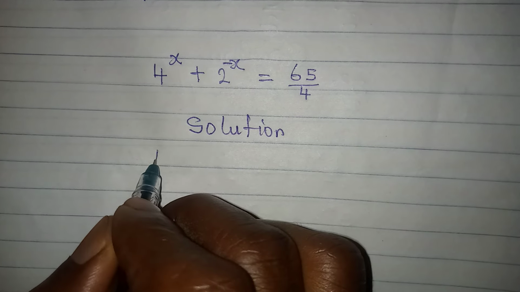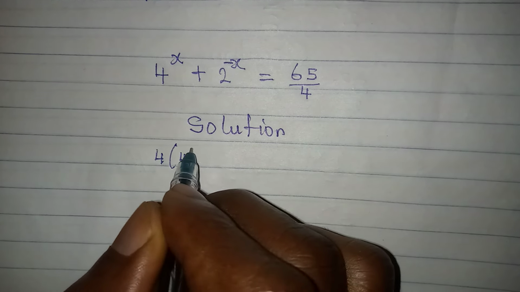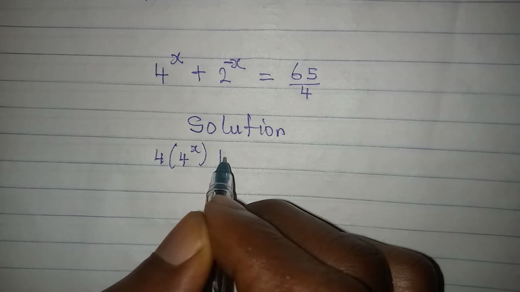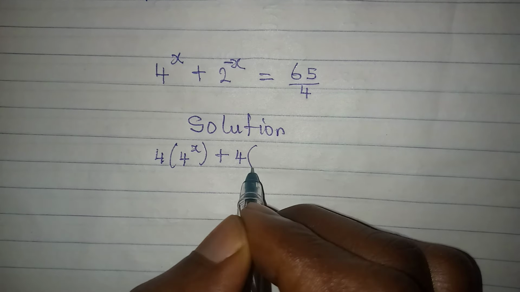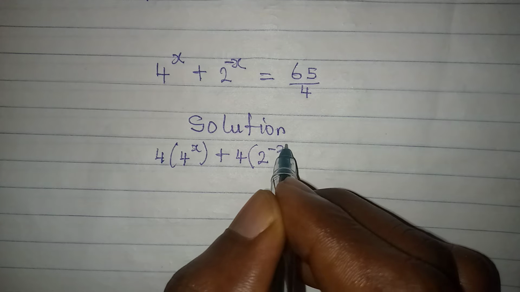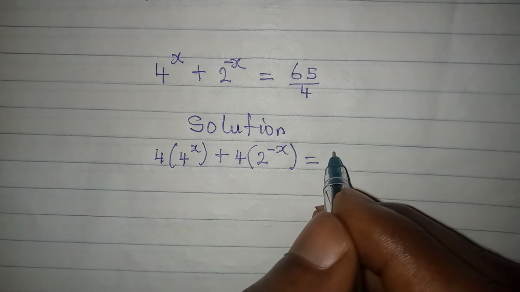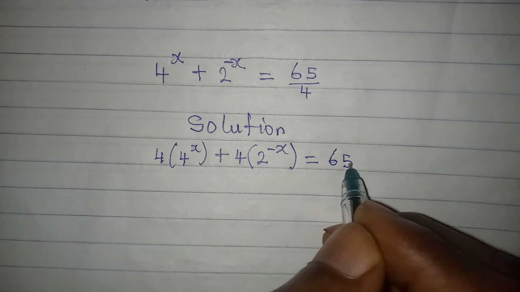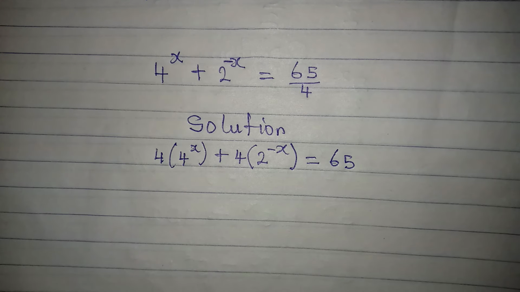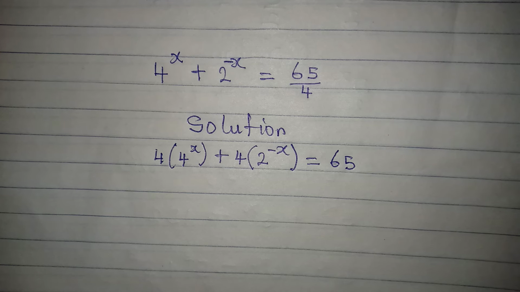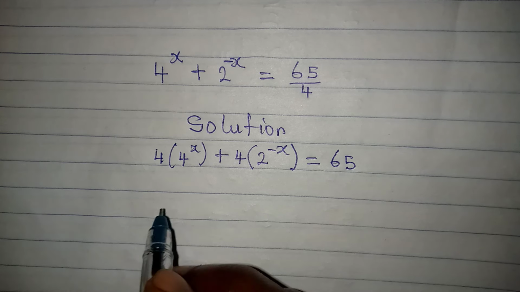And we're going to have 4 multiplied by 4 to the power of x plus 4 multiplied by 2 to the power of negative x equal to, on this side, 4 will cancel itself and we have 65.